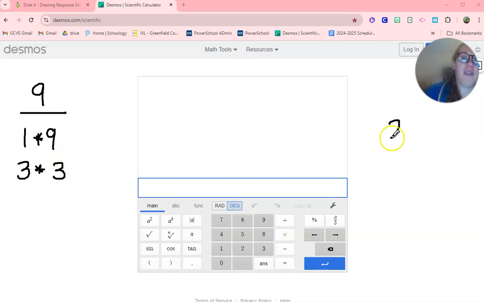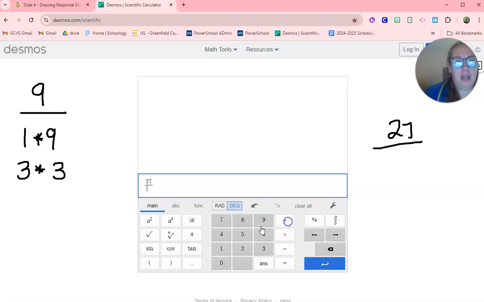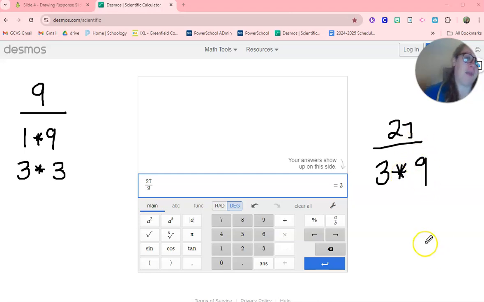So do any of those numbers also go into 27? Well, 27 divided by 9 is 3. So 3 times 9 gets us 27. So our GCF, our greatest common factor here, is 9. The biggest number that goes into 9 and into 27.